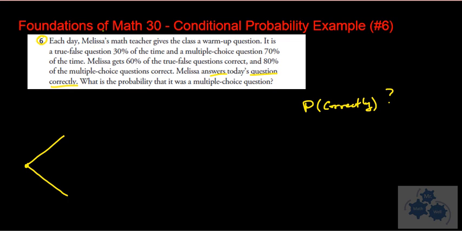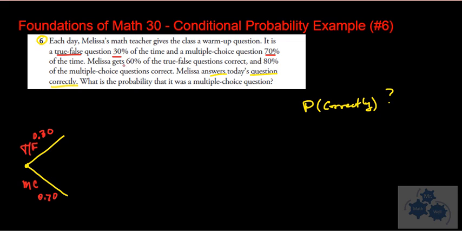The first bit of information says that it's a true-false question 30% of the time. So TF is 30 out of 100, or let's just do 0.30. And it is multiple choice 0.70. So we know that on a given day, these are the chances that we have these types of tests.